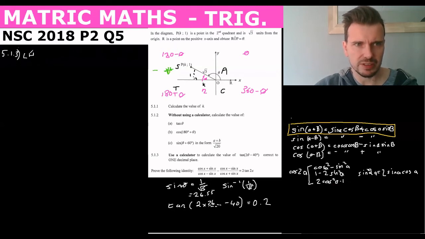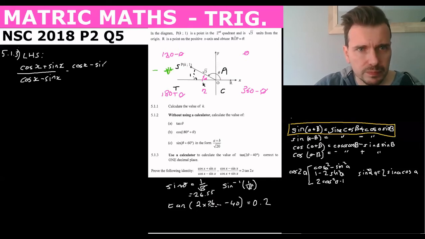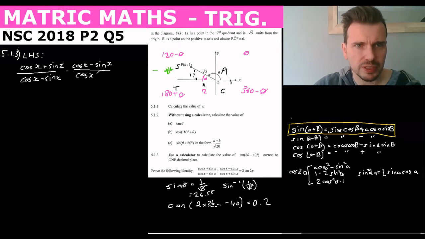So we'll say LHS, and then we say cos x plus sine x over cos x minus sine x, and then okay, so what we can do is let's try and get it over the common denominator.